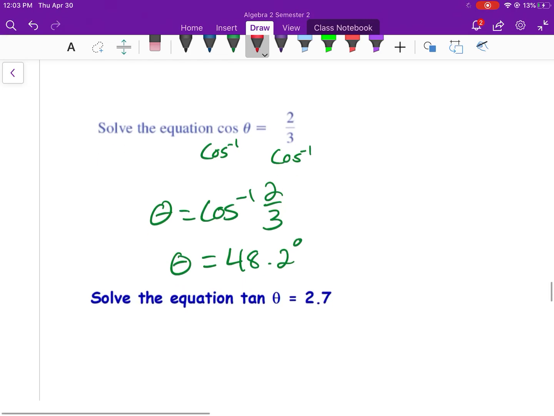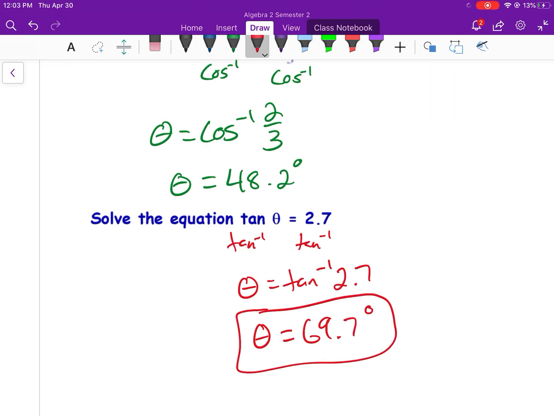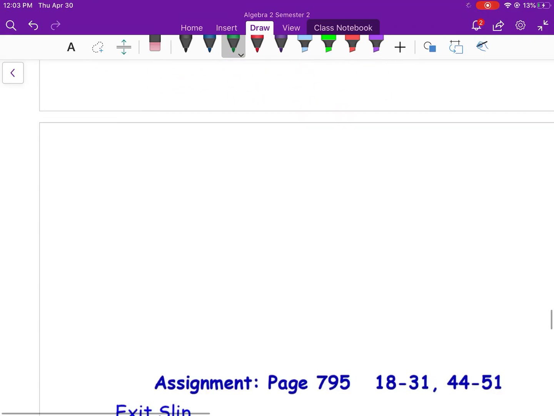Same thing here. Take the inverse tangent of both sides. You get theta is equal to inverse tangent of 2.7, which is going to give us 69.7 degrees. So anytime you're doing inverse trig functions, you are finding a degree measure for an angle.